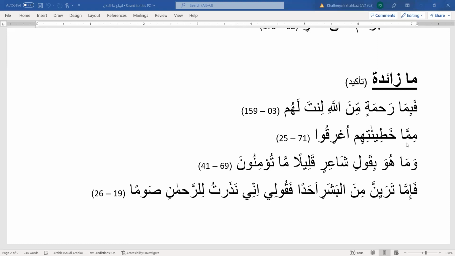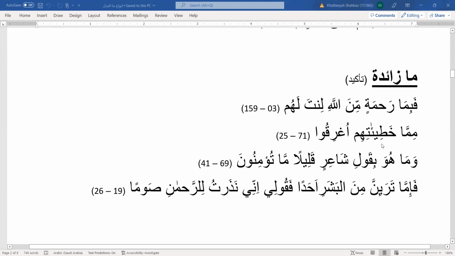Because of their sins, they were drowned, not for any other reason. Okay, so this is again the use of ma to emphasize or highlight another word in the ayah.